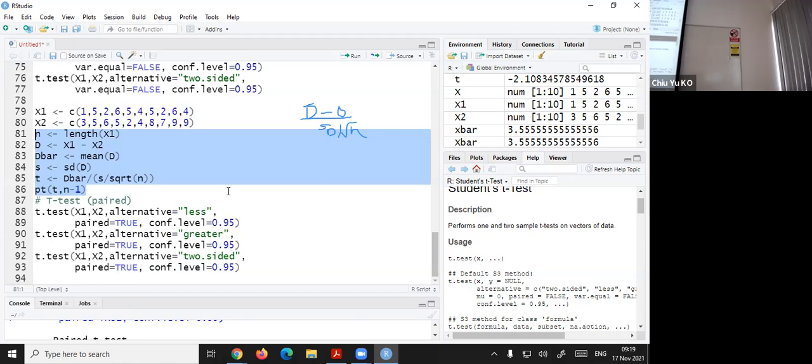You have two variables. You calculate the n. You construct a new variable which is the difference, x1 minus x2. And then you calculate the mean of that, and you can calculate the t-stat. Just try to see. Any question?